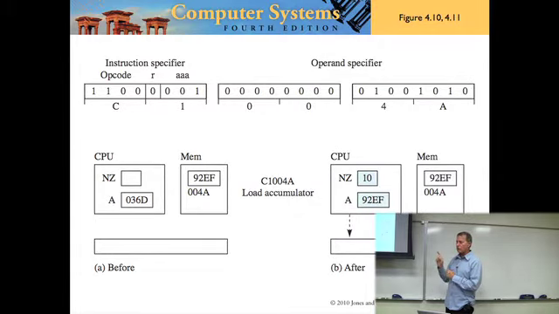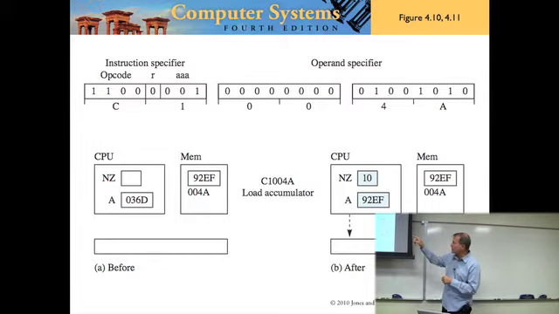First of all, I assume everybody understands now how to decode an instruction. In this particular example, the instruction in hex is C1004A. If I give you an instruction in hex in a homework problem, the first thing you do is expand it out into binary and then identify the opcode with the table, and depending on whether there's an R field and an AAA field, you figure that out.